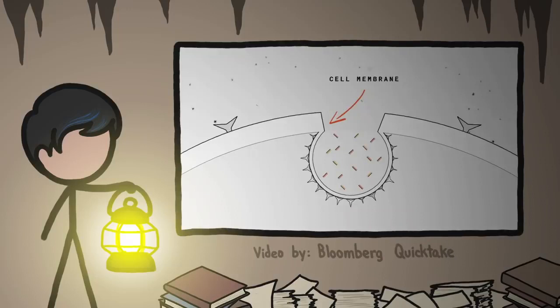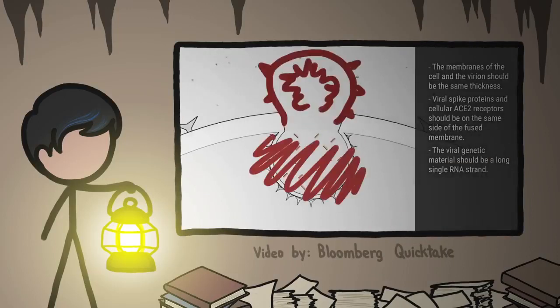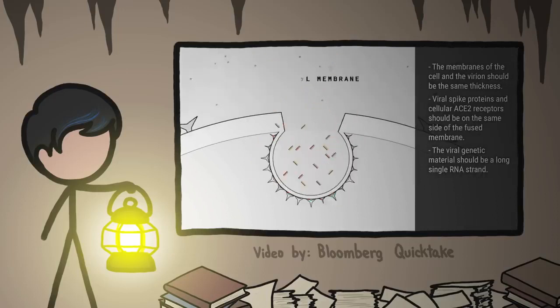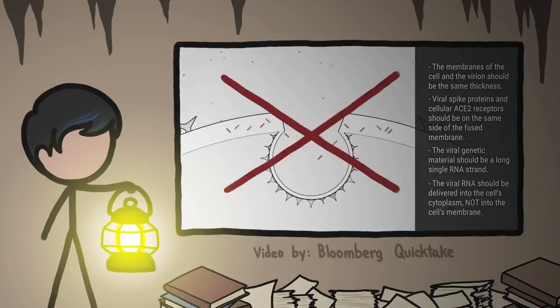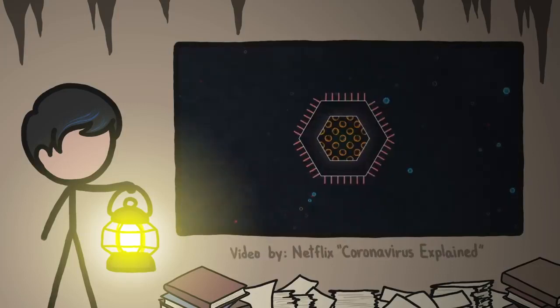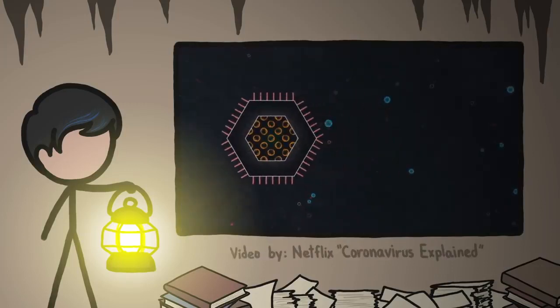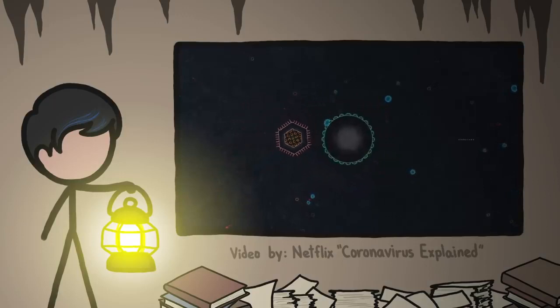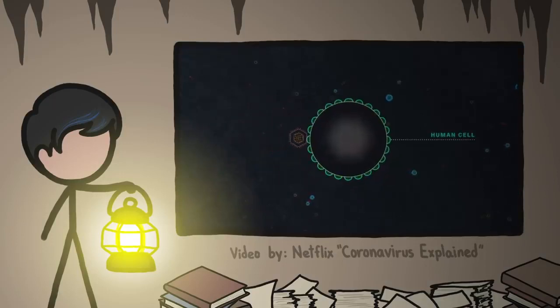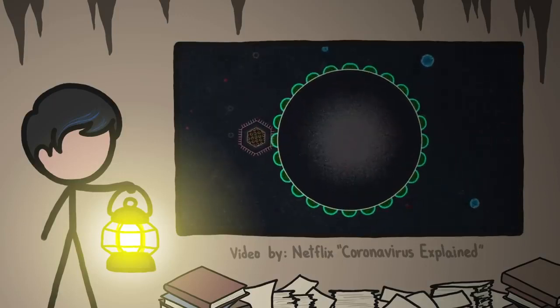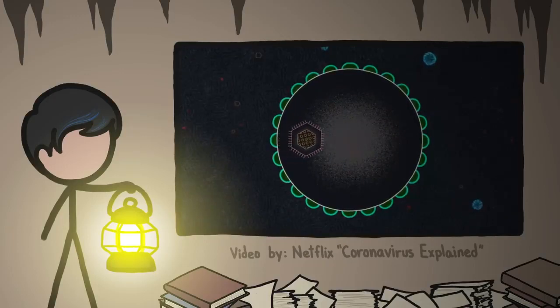This other one does display the fusion of the membranes of the cell and the virus, but the virus's membrane is outside in, and the viral genetic material is released inside the membrane of the cell, which is completely wrong. This other one isn't really attempting an accurate representation on the molecular level, and it's just 20 seconds on a 25-minute episode about the coronavirus pandemic in general, so I guess it's okay.